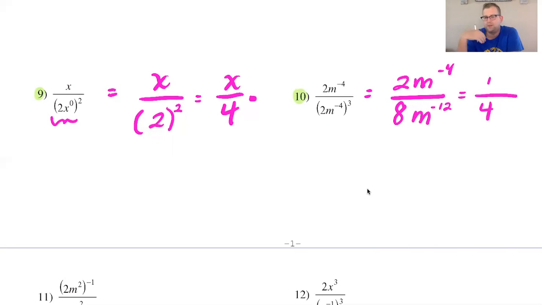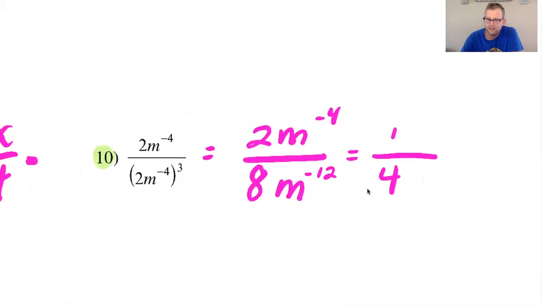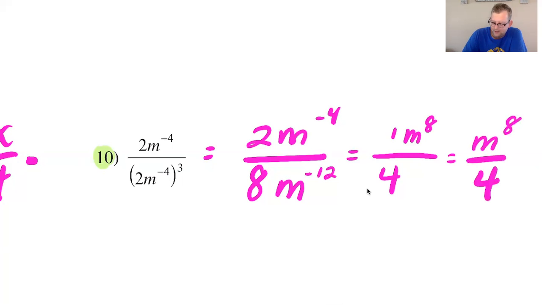And then I have, as you can see, m to the negative 4 over m to the negative 12. So negative 4 minus negative 12 will result as negative 4 plus 12, which would give me m to the 8th power. So as a matter of fact, I could write this as m to the 8th over 4. And don't try to do anything after that.